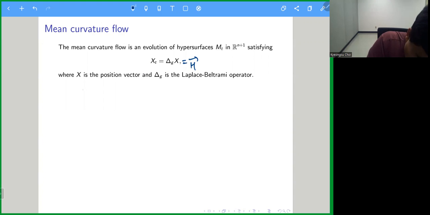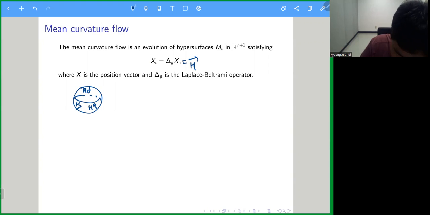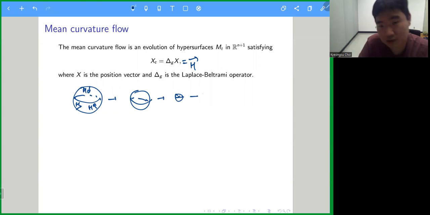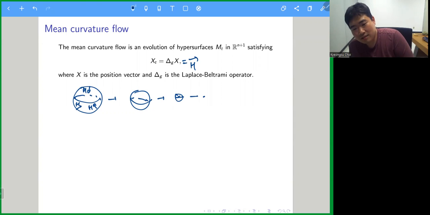So if I have a round sphere, then everywhere I have the same magnitude of mean curvature, all pointing to the center of the round sphere. So it just shrinks and converges to a point. And you can see that the curvature increases as the radius decreases, so somehow it's getting accelerated.